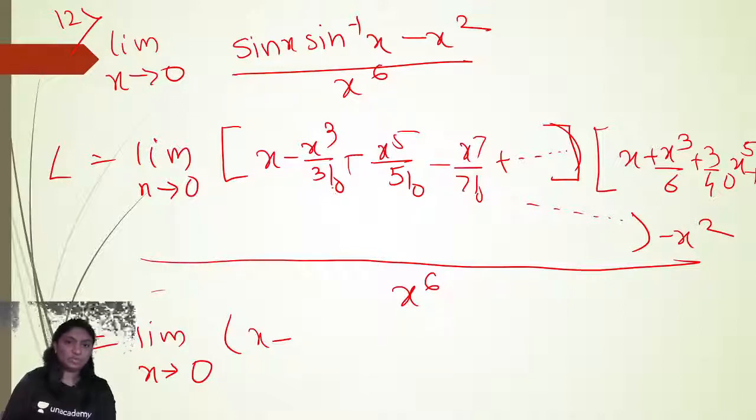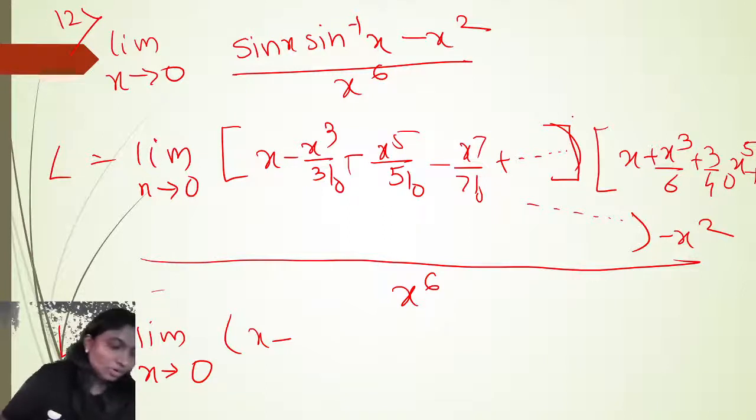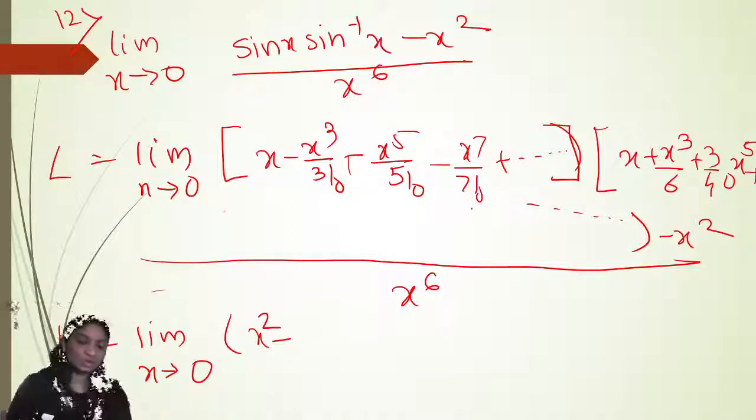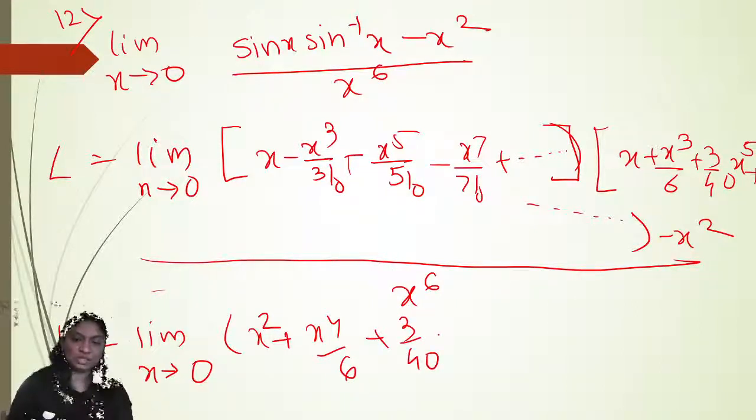Now x cube upon 3 factorial is 6, so minus x cube plus x cube will get cancelled out. Now minus x square, and neglecting this term, x square, x into bracket x square, so this gives you x square, x into x cube by 6 and x raised to 4 by 6, and plus x raised to 4 by 6, plus 3 by 40 into x raised to 6 minus x raised to 4 by 6, right?